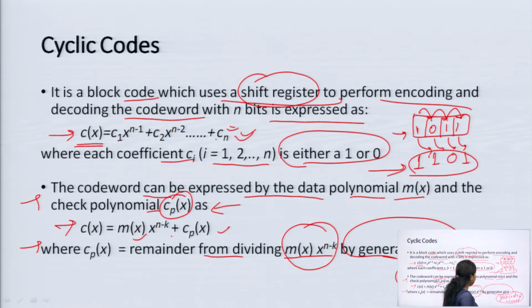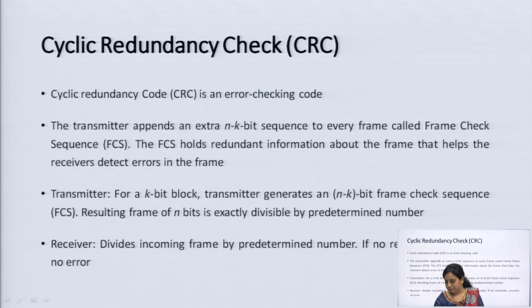An example of the generator polynomial is g(x) = 1 + x^2 + x^3. It means these terms will be available. Another generator polynomial is also possible, that is 1 + x^2. So, this is how the generator polynomial looks.